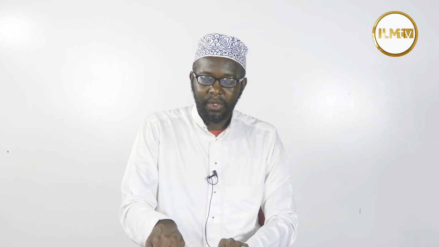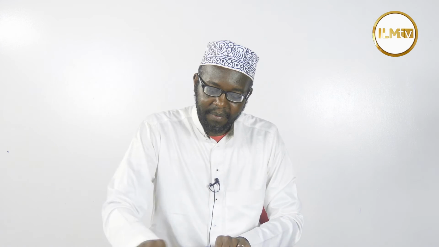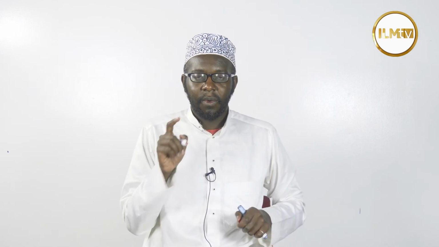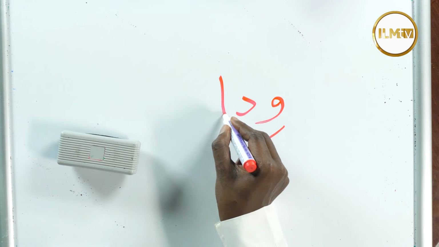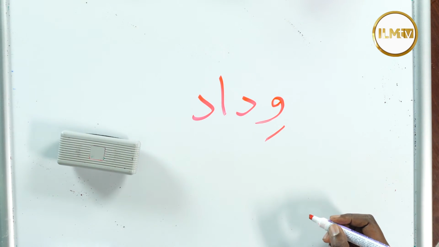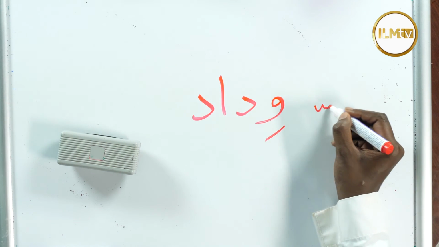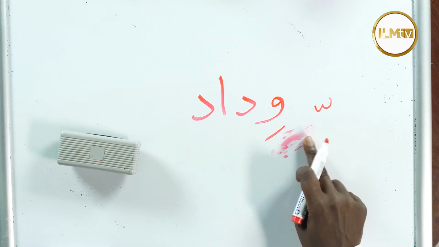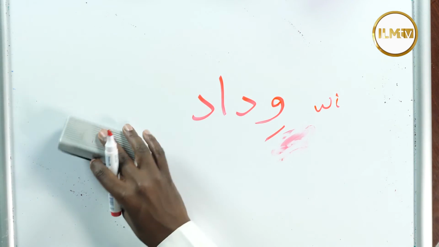In the Quran we have waswas. So this is waw and alif together. Wa. Okay, we can have another waw for example. How do you read this? That's a W and then I. So it becomes we.